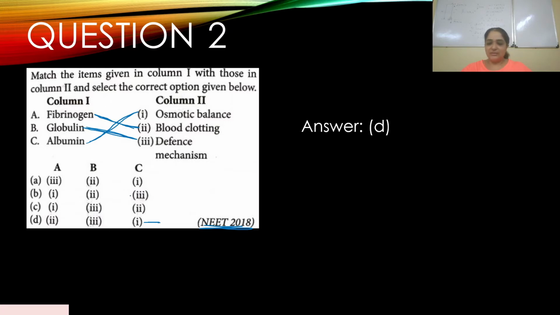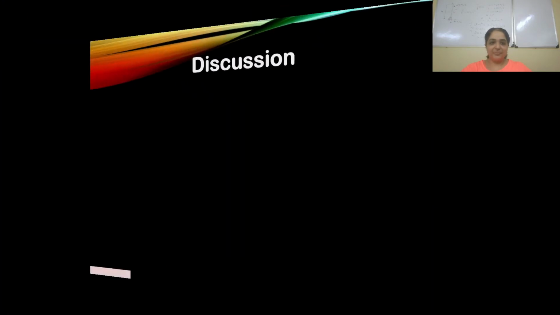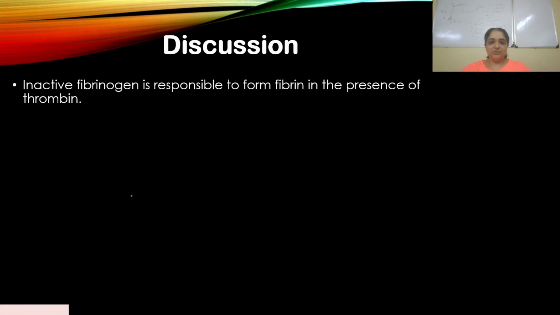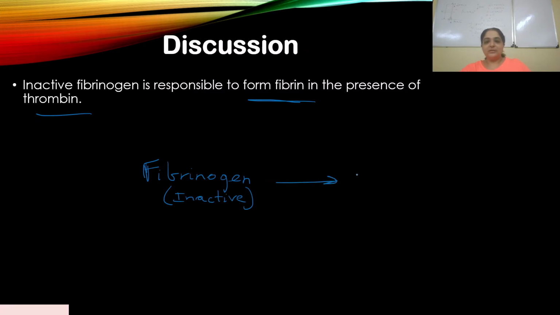So let's understand this in detail. Fibrinogen is present in the inactive form, and that is activated to fibrin in the presence of thrombin.